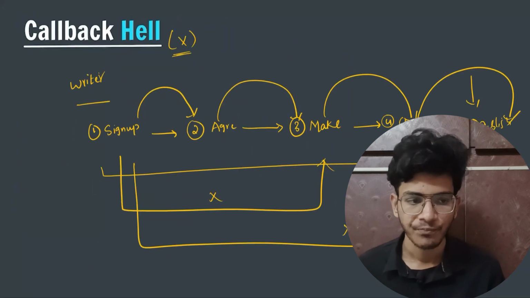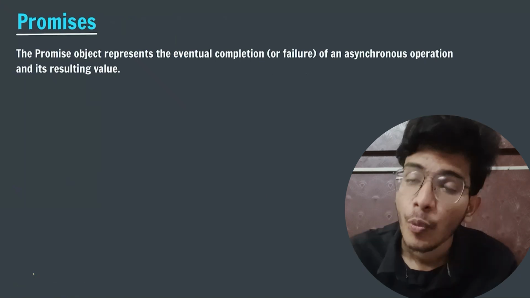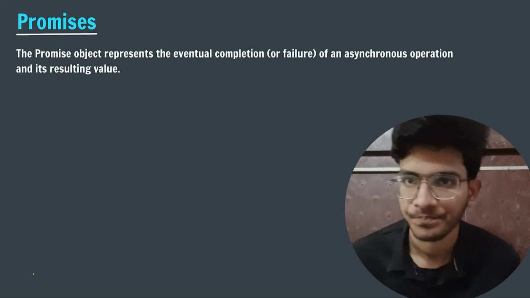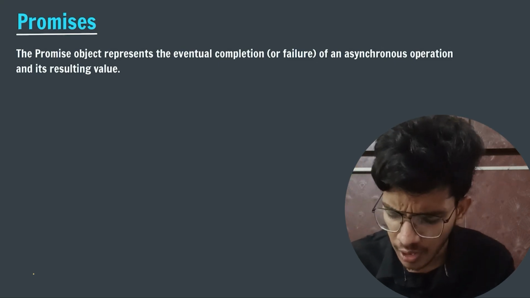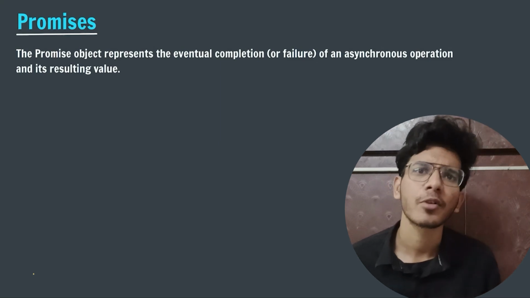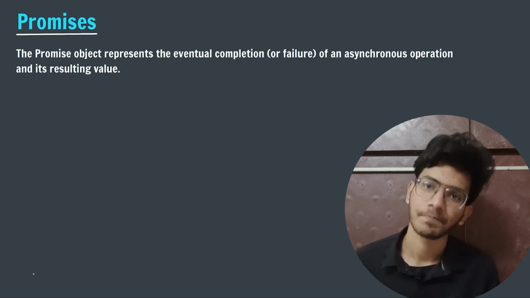Okay, a promise is an object in JavaScript which is used to tell whether a thing is complete or not. For example, let's say that you are making your profile on a platform. That platform is, let's say, Twitter.